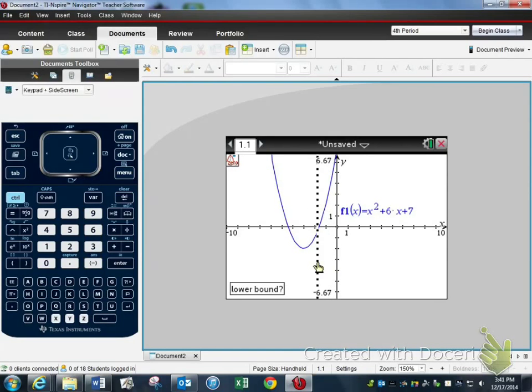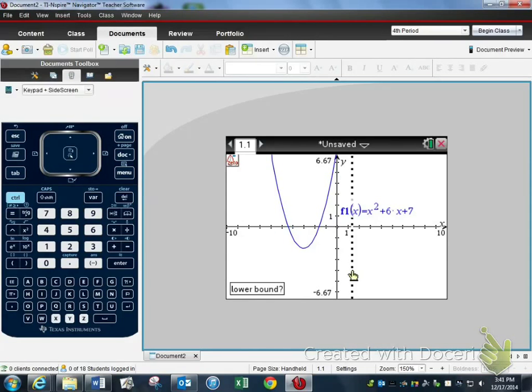Now you're going to get a vertical line that's dotted, and it moves back and forth, and it says lower bound in the left-hand corner. We can only find one root or solution or x-intercept or zero at a time. So we're going to find this one first.